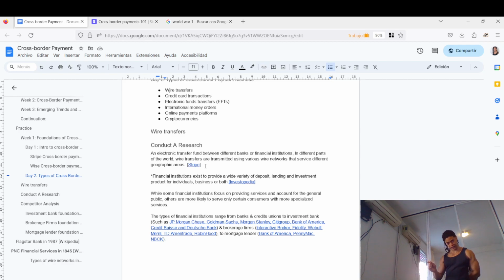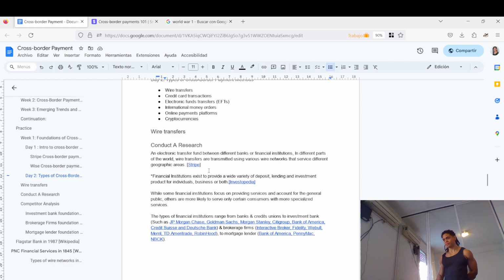This is the mechanism of how all of these banks operate, how you as an individual or business can transfer value from one place to another.